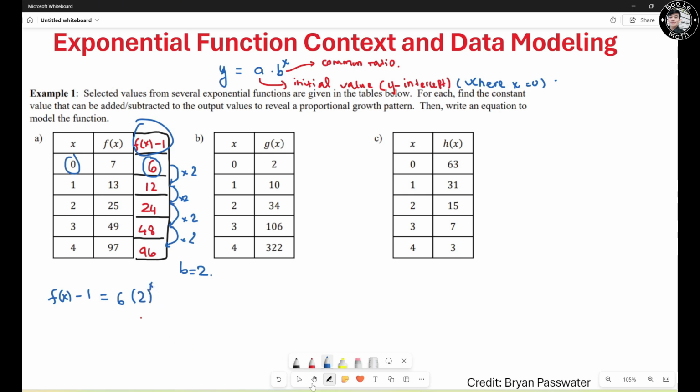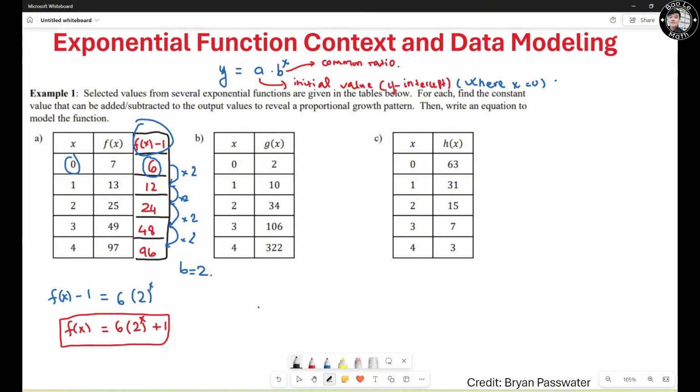We need to solve for f of s, so we add 1 to both sides. So f of s is 6 times 2 to the s plus 1, and this is the answer for the first table.